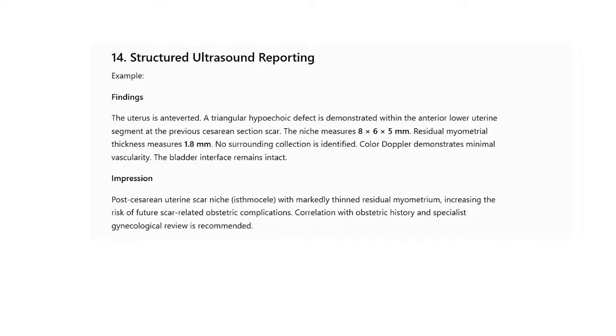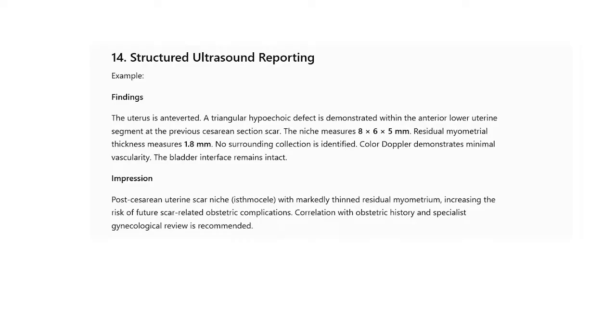So this is how you write a simple report. The uterus is anteverted. A triangular hypoechoic defect is demonstrated within the anterior lower uterine segment at the previous cesarean section. The niche measures 8 by 6 by 5 millimeters. Residual myometrial thickness measures 1.8 millimeters. No surrounding collection is identified.